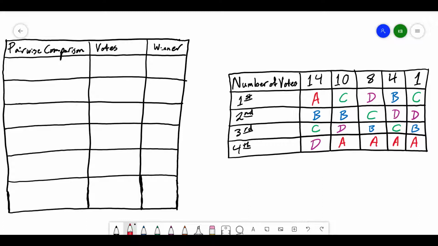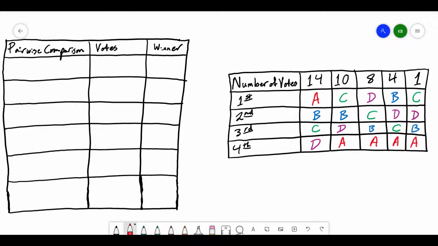So here we have a preference schedule, and I've set up a table for us to list our pairwise comparisons and then calculate the votes and find the winner. I've also color-coded our candidates to make it easier for us to find where they are in reference to one another. For my pairwise comparisons, I need to do every single possible pairing.